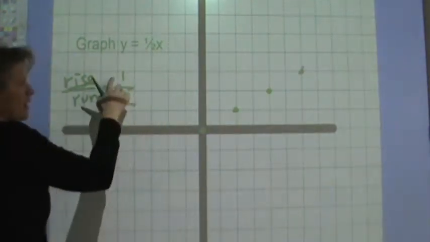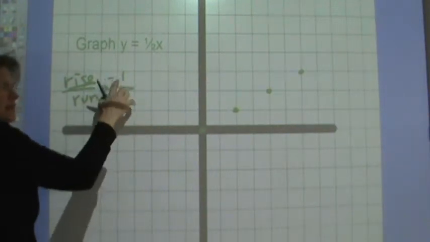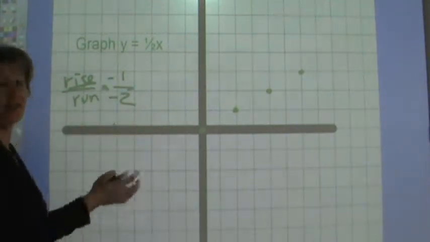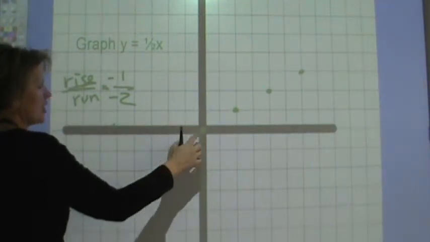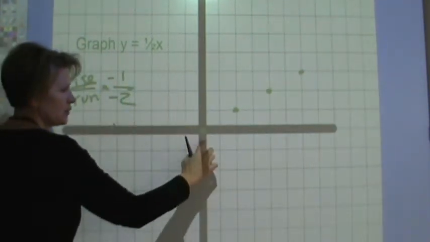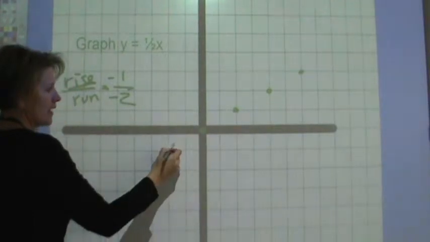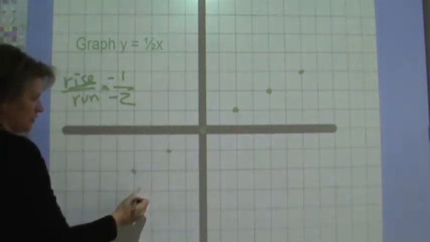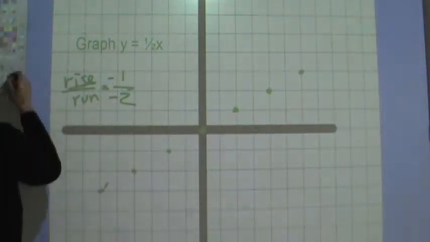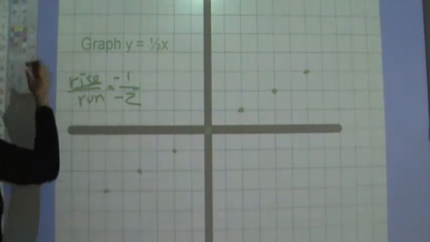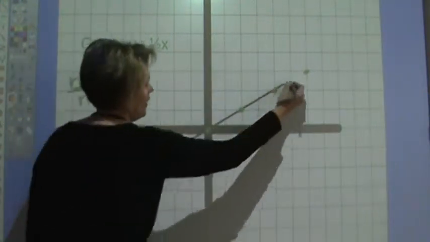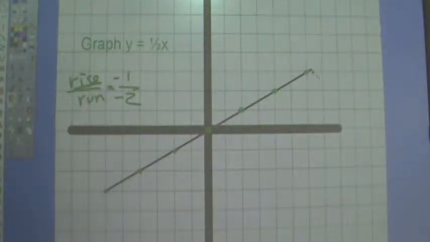Or negative over negative is positive, so I could do that as well. I could go down 1, back 2, down 1, back 2. Then we draw ourselves a line. And that would be our answer.